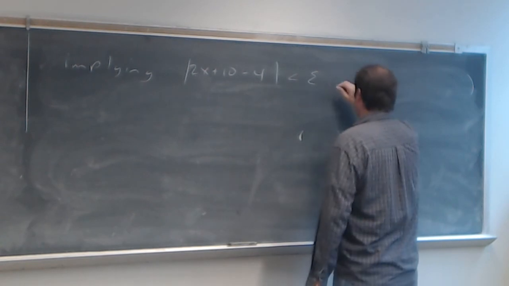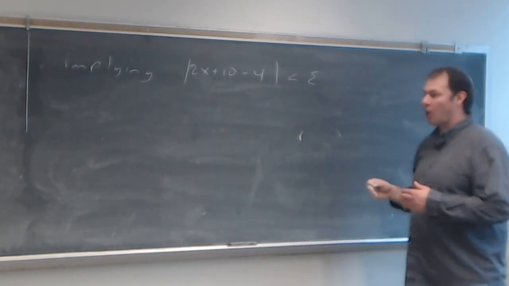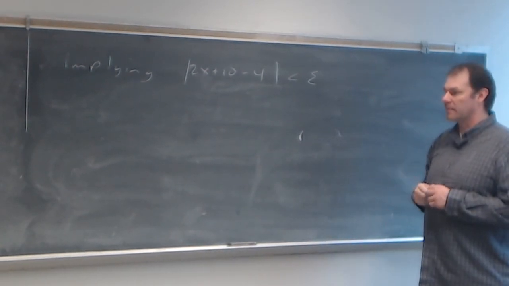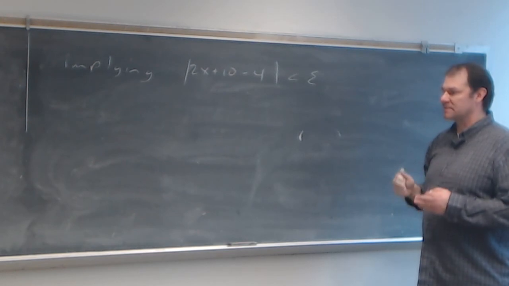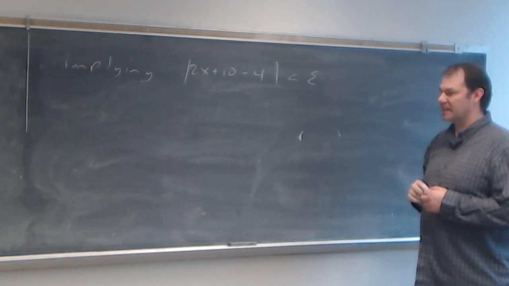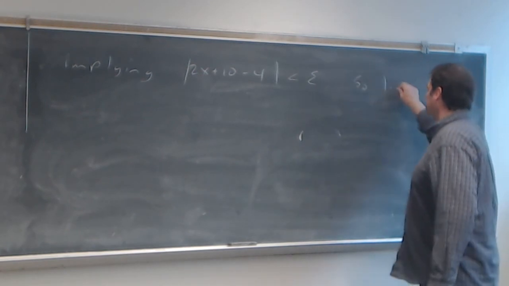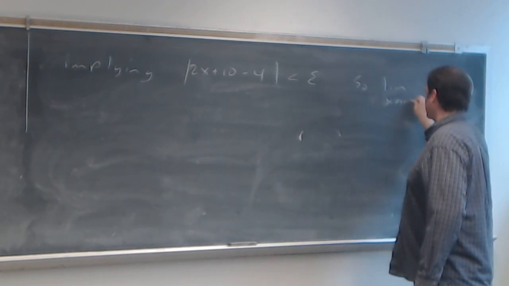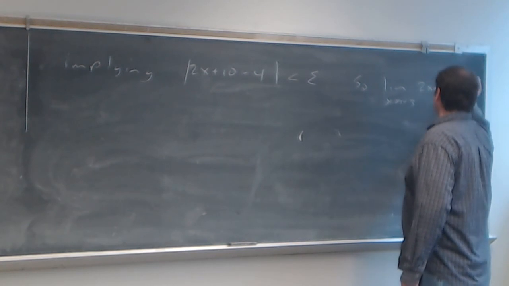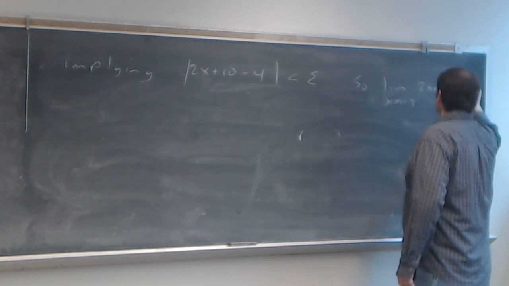And that's true, remember, for all x in R with 0 less than the absolute value of x minus negative 3 less than epsilon over 2. So that tells me that the limit as x goes to minus 3 of 2x plus 10 equals 4.